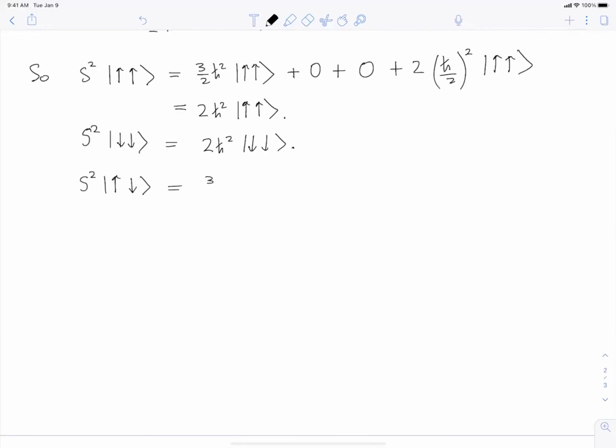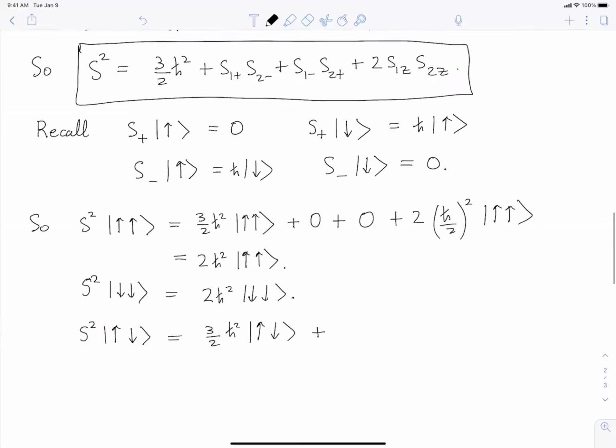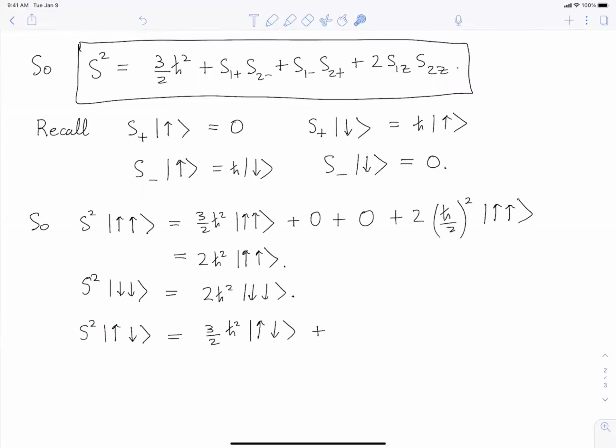So we have S squared acting on up arrow, down arrow. So again, there's the term 3/2 h bar squared times the identity. Okay, the next term, if we go up here, there's a term here where we're trying to raise spin 1, which is already up. So that's going to give 0. Okay, so this term we don't have to worry about.